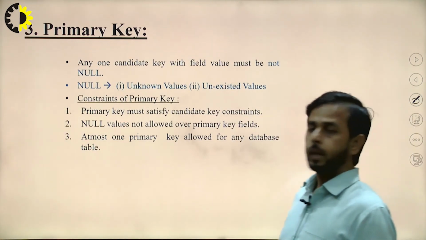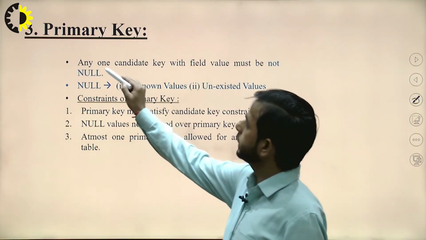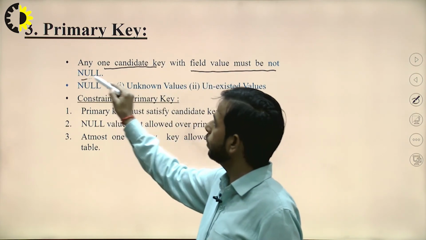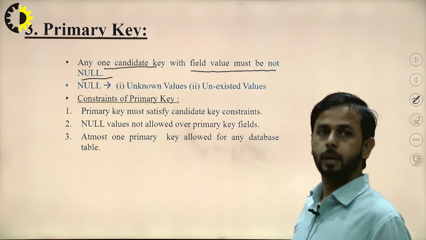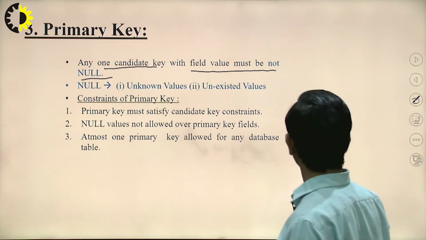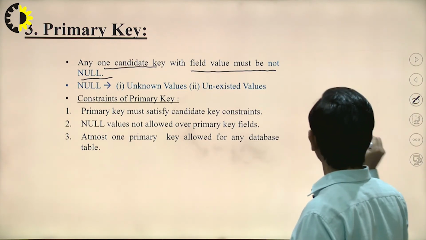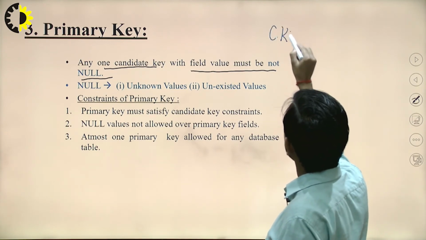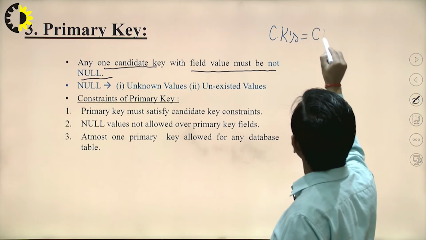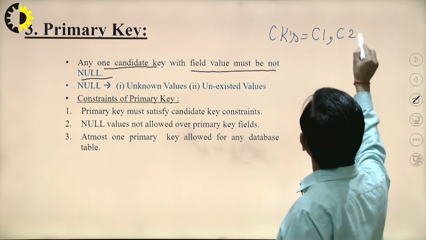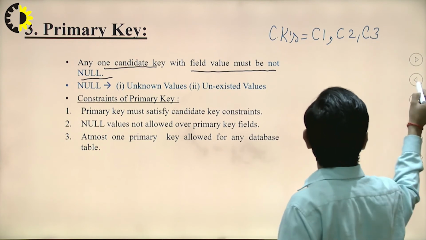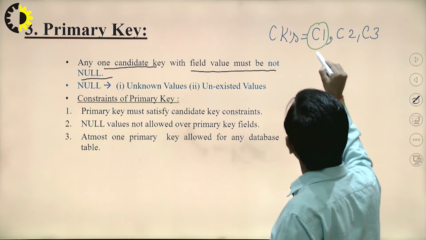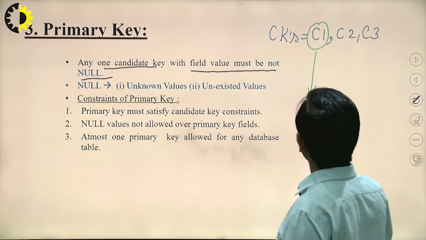Next, the primary key. Any one candidate key with the field value not null is known as the primary key. Suppose there are a set of attributes and many candidate keys, say C1, C2 and C3. There are three candidate keys, and one candidate key is selected as the primary key.